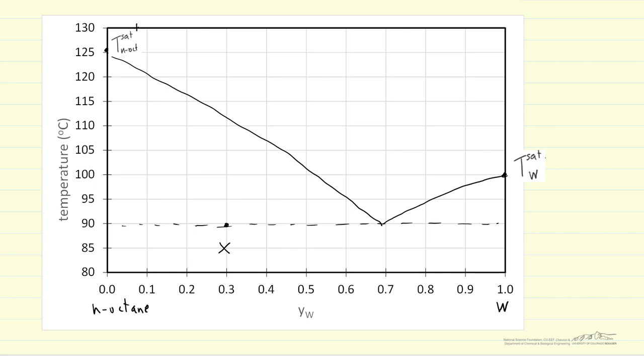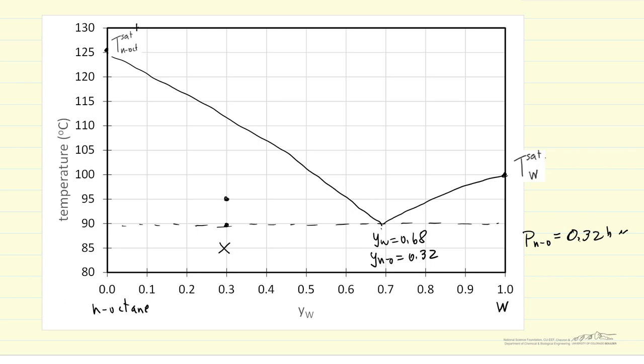We start forming a vapor here, and the mole fraction of water is 0.68, which means the mole fraction of N-octane is 0.32, and since the pressure in the system is 1 bar, that means the pressure of N-octane at that point, 90 degrees, is 0.32 bar.